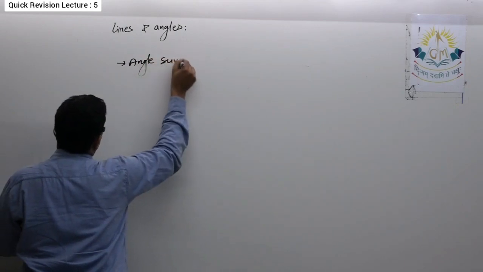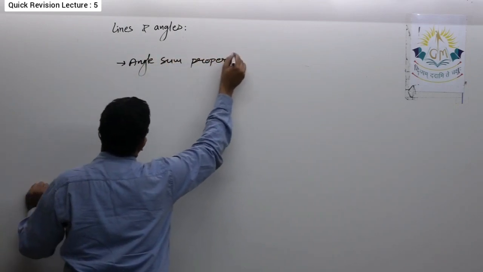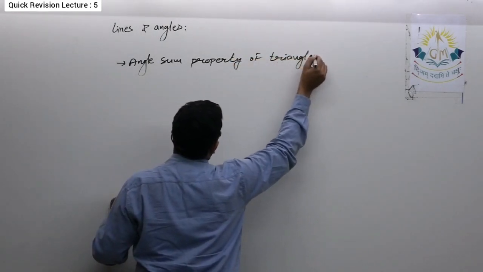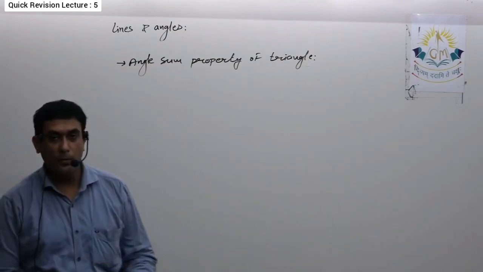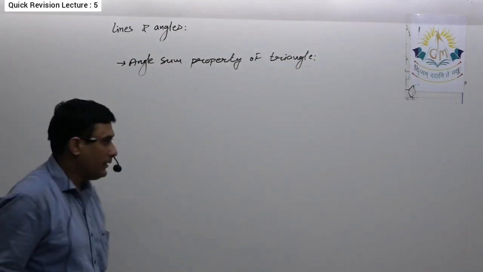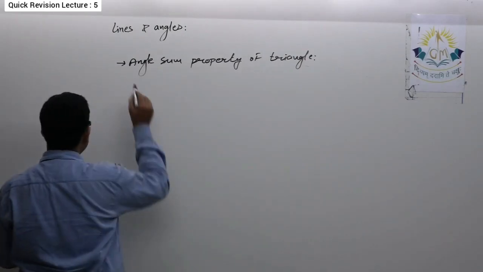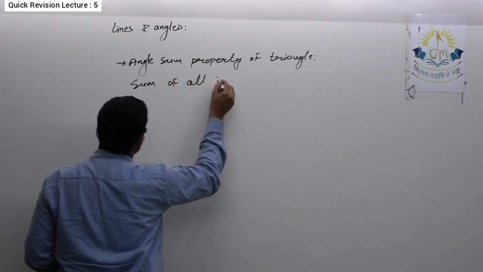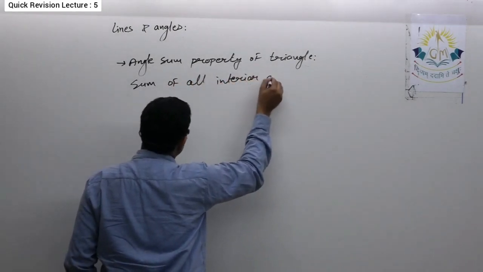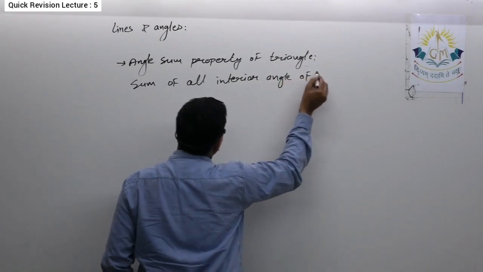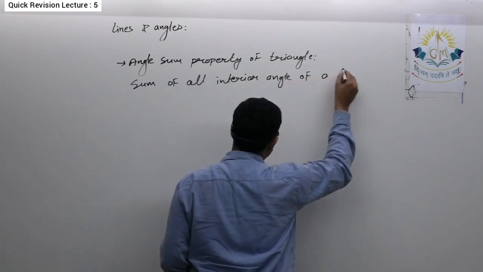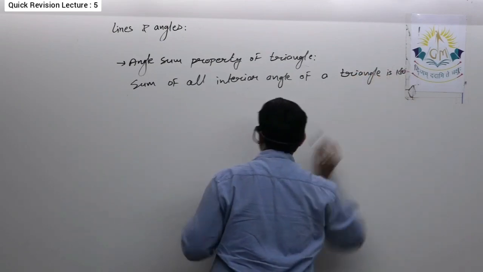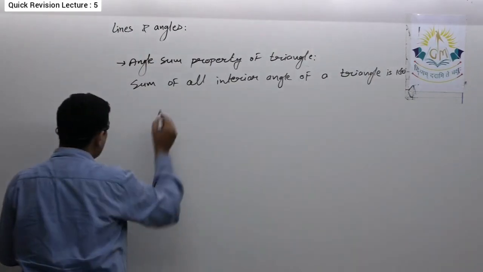Angle sum property of triangle: the sum of all the interior angles of a triangle is 180 degrees.